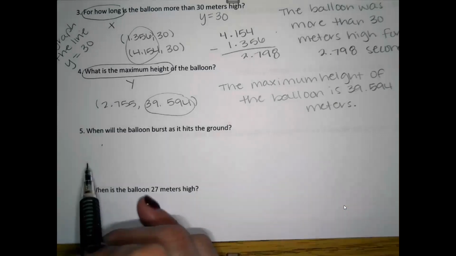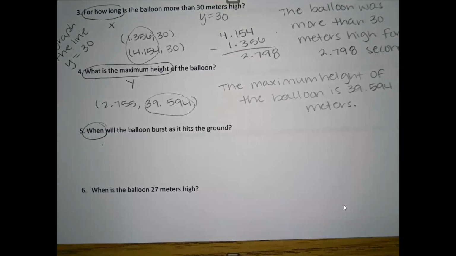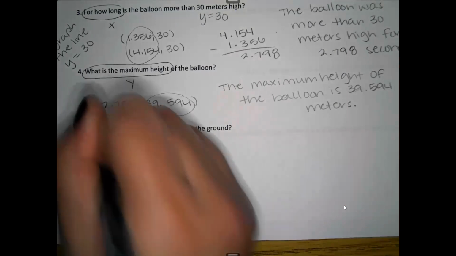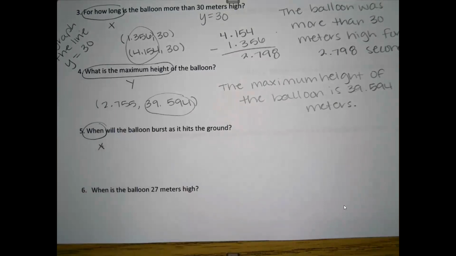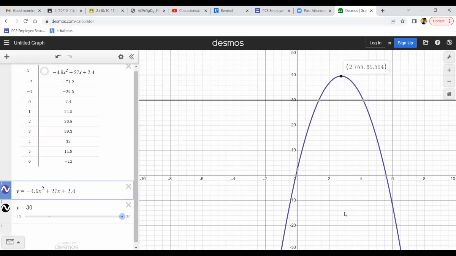Okay, the next question says when. What are they asking for? An X or a Y? An X. When will the balloon burst as it hits the ground? So if we look on Desmos, what point is that going to be?